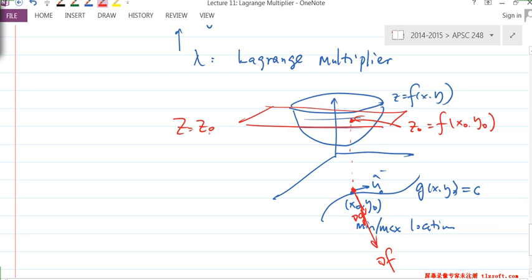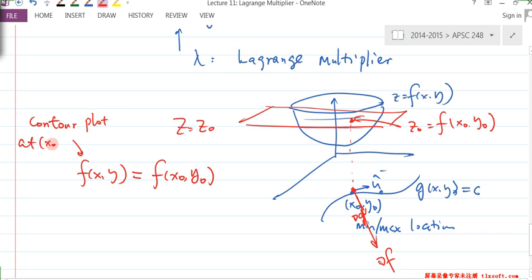So what's the contour plot now? The contour plot is f of x, y, setting z to a certain constant. In this particular case, the constant is z naught. This is the contour plot at x naught, y naught for the function f of x, y.